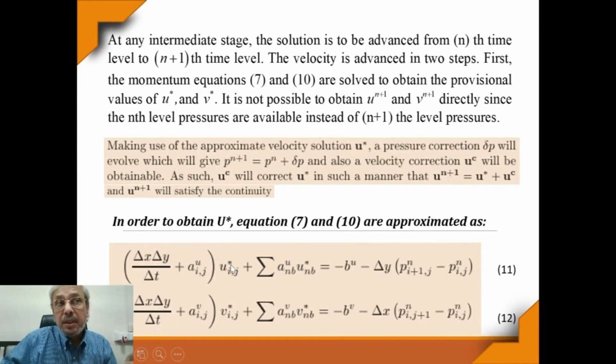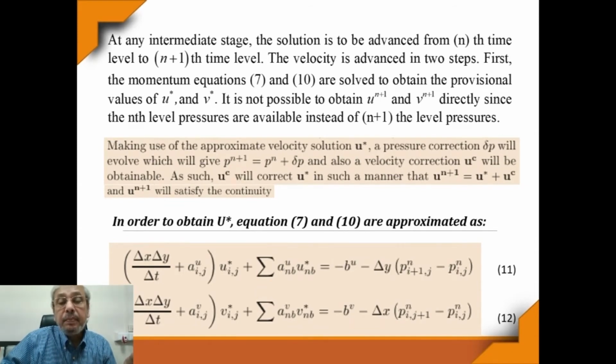that is why we are evaluating uij, vij and all neighboring u's and neighboring v's, but we are not calling these values n plus 1th level values.